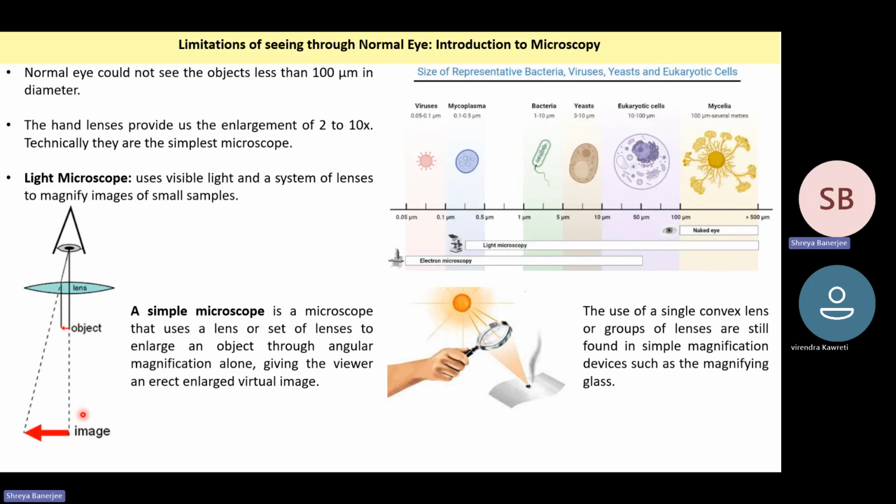It is not flipped or anything. It's enlarged very clearly and it's a virtual image, as I've already discussed. So this kind of simple microscope, that is the light microscope, can let you see up to around 0.25 micrometer. And the magnifying glass, which uses a single convex lens, provides magnification only up to 2 to 10 times. So these are some very basic instruments that have been used to enlarge and view very tiny objects.